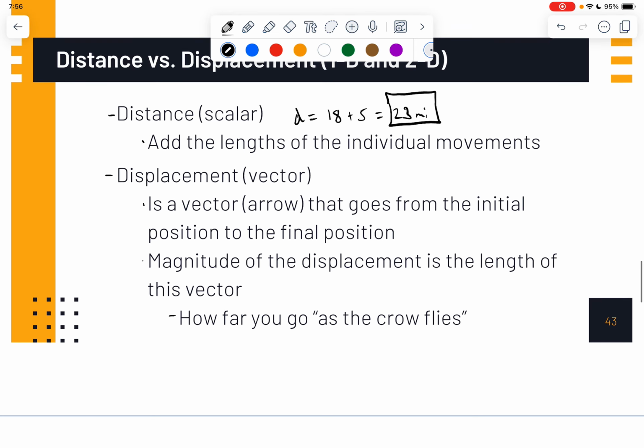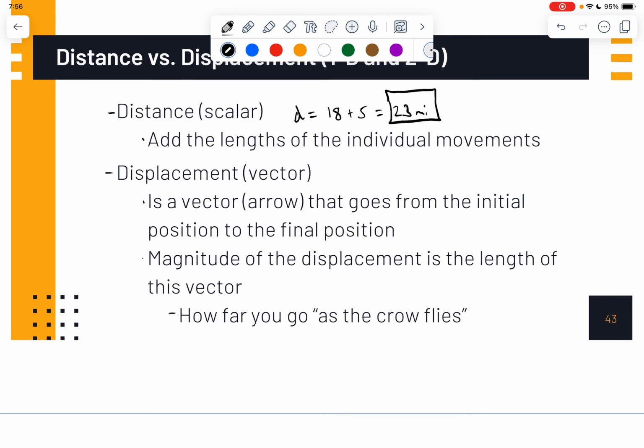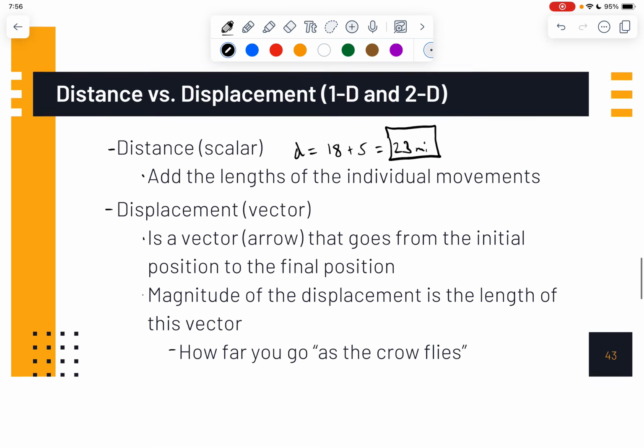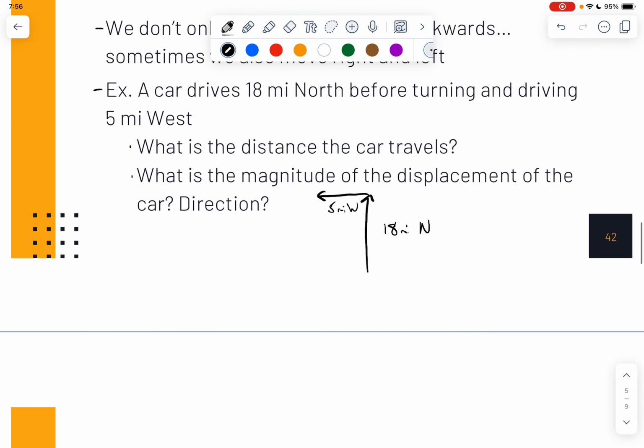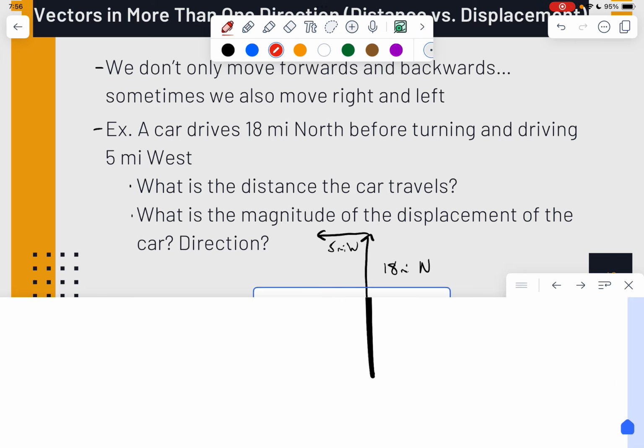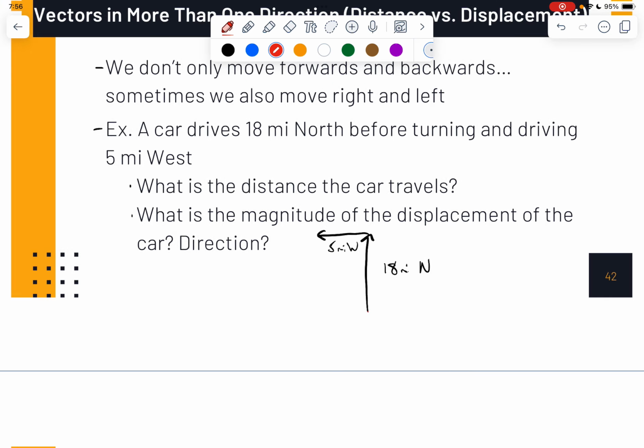Our displacement though, it's a vector, so basically an arrow that's going from our starting point to our ending point. So we come back up to our diagram. Our starting point, let's say where we began, let's call that point A. We went 18 miles north, we then went 5 miles west. We then end up at point B at the end here.